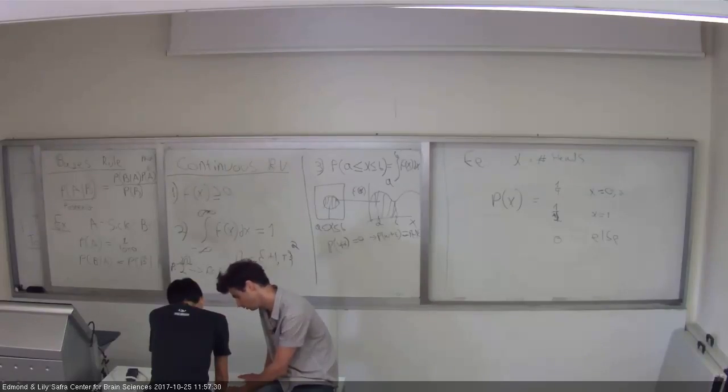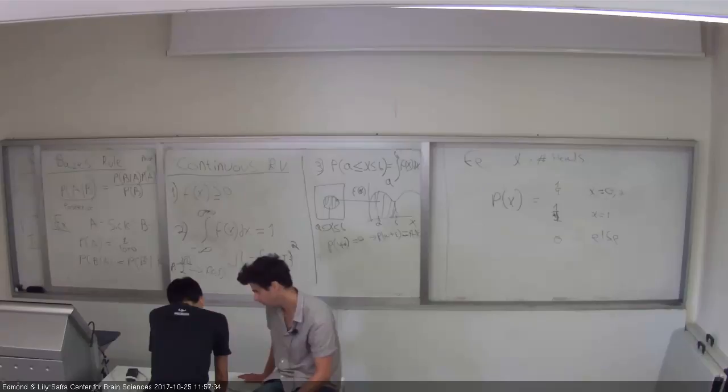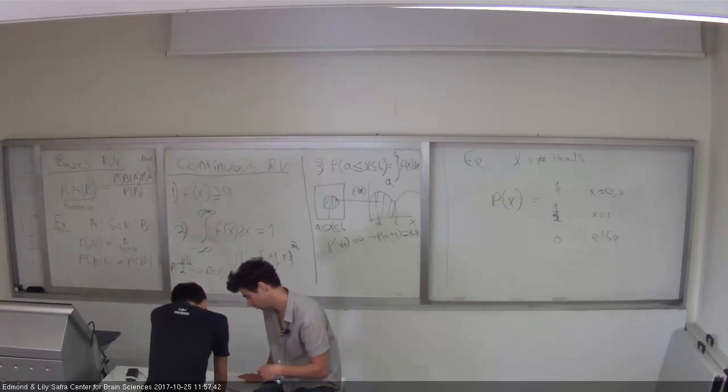It is the set, because here it's the discrete case, we can fully define P of X by all the elementary events of X. W is the elementary event.